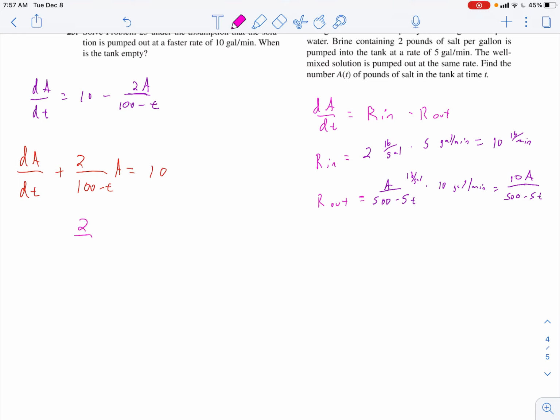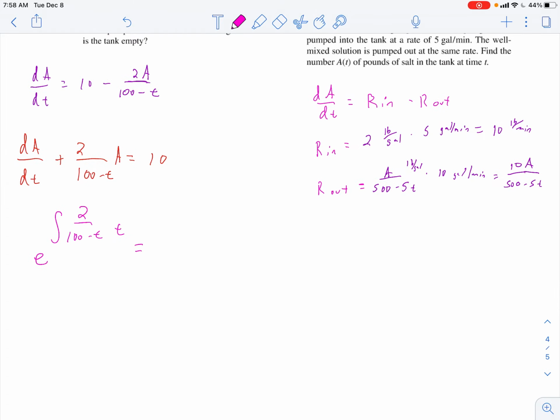The integrating factor is the value that is with the dependent variable, so 2 over 100 minus t, and we're going to put that in the exponent for an exponential. Now we're going to solve this integral, and we're going to put the 2 on the outside, and notice, hey, that's going to be a natural log.